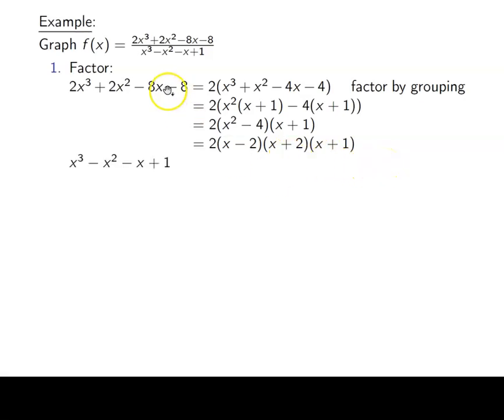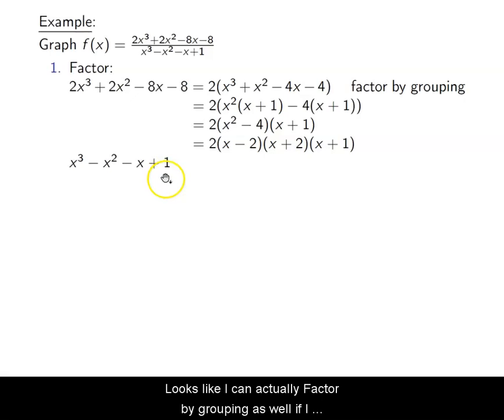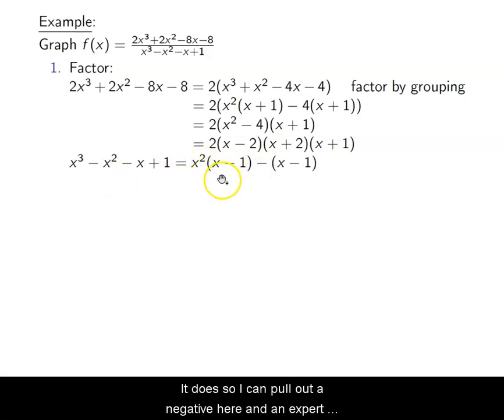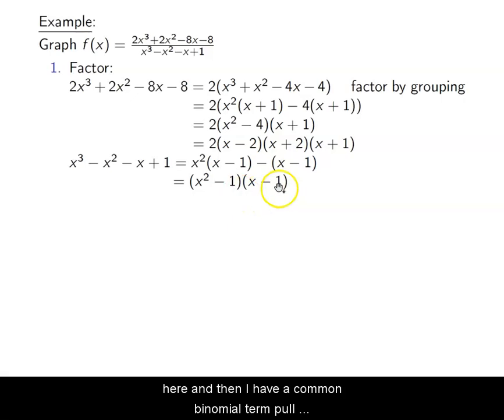My denominator looks like I can factor by grouping as well. If I pull out the common x squared term, let's see if that works. It does. I can pull out a negative here and an x squared here, and then I have a common binomial term. Pull out that common binomial term, and I have a difference of squares again.